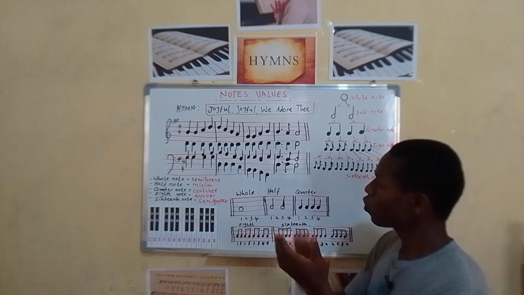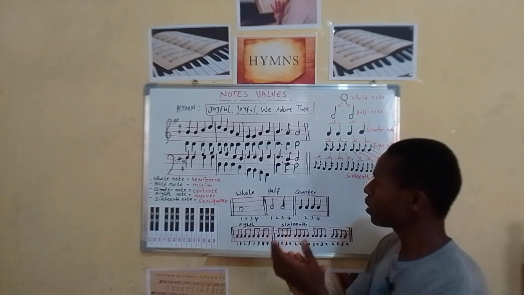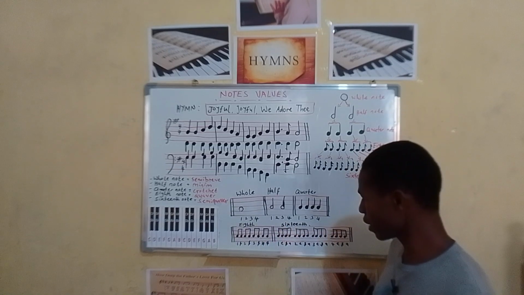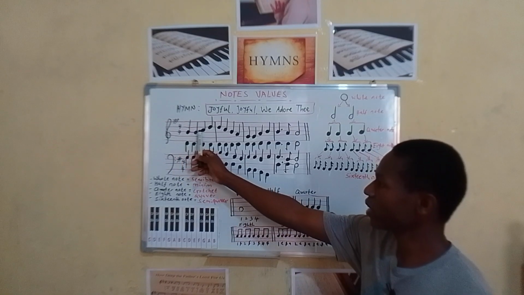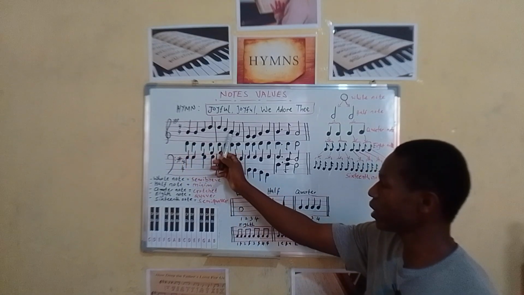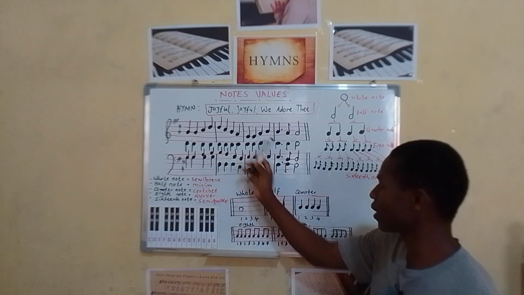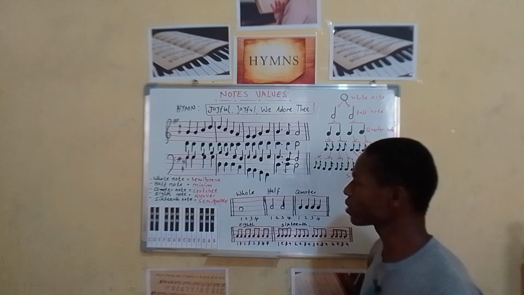Joyful, joyful, we adore thee, God of glory, God of love. That way. So you are hearing 1 e and a 2 e and a 3 e and a 4 e and a, so on and so forth.